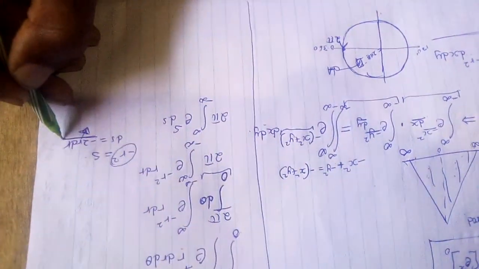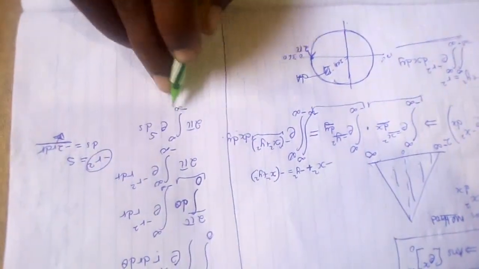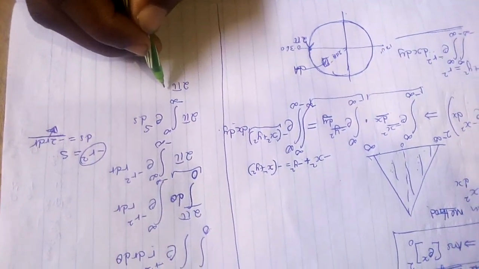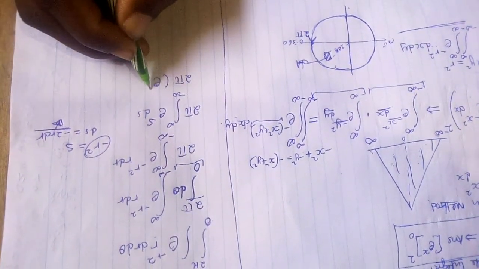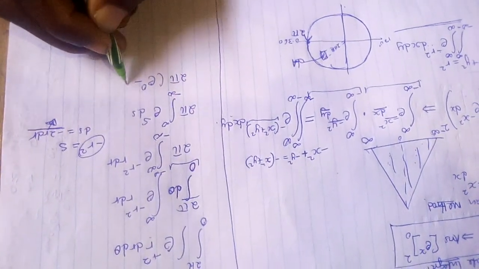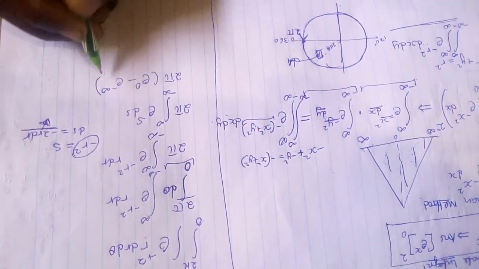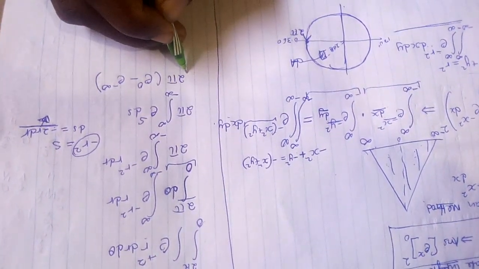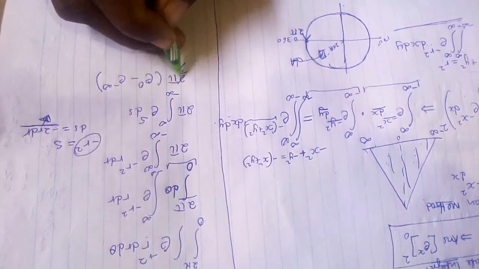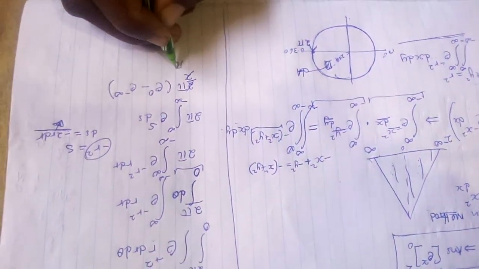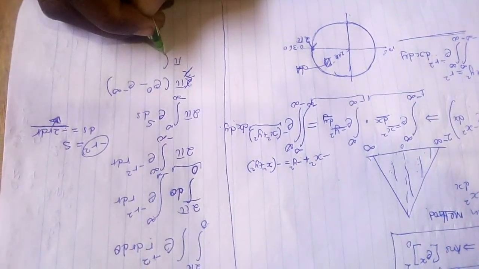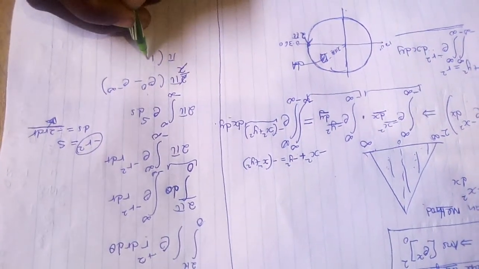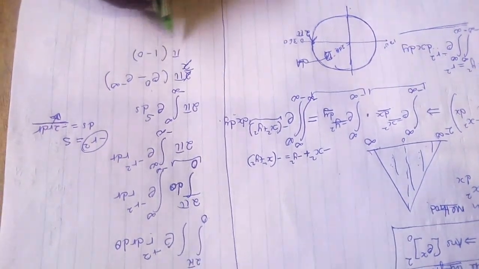When it comes to this one, we are going to be left with 2 pi into bracket exponential from 0 to exponential infinity. But remember, here we added 2, so the 2 over 2, this 2 goes, so we are going to be left with exponential of this one and this one, and this one seems to be 0, so this one will be pi.